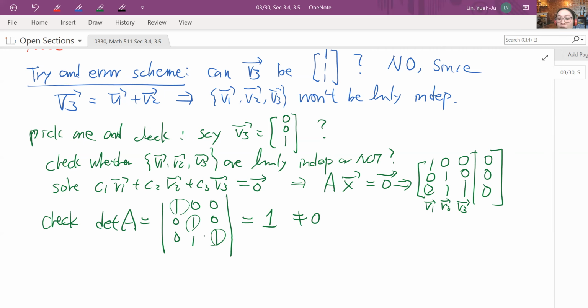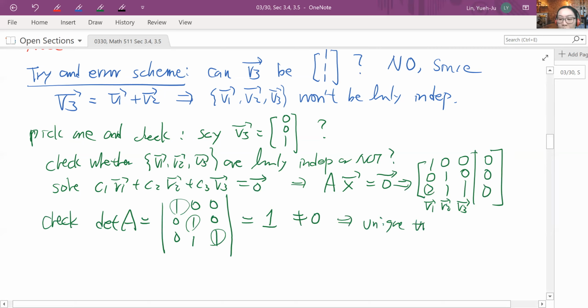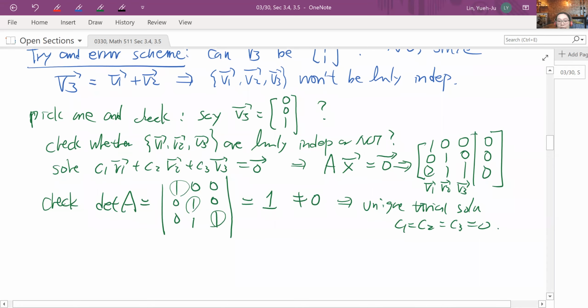If the determinant is non-zero, this means that you have a unique trivial solution for c1, c2, and c3. So basically this means that indeed V1, V2, V3 are independent.